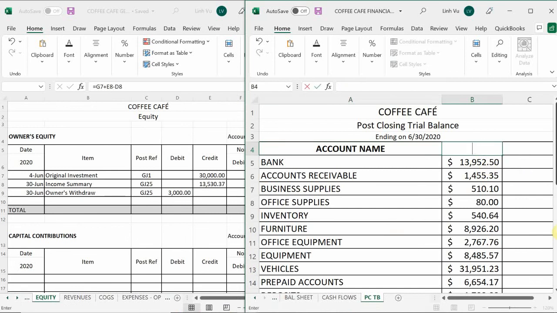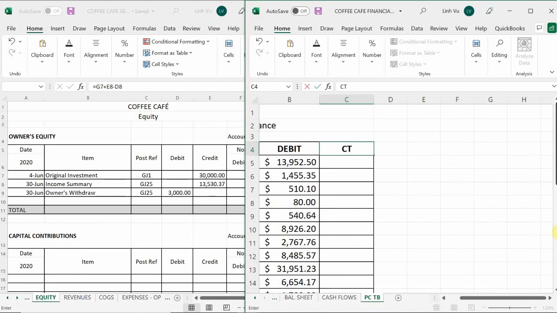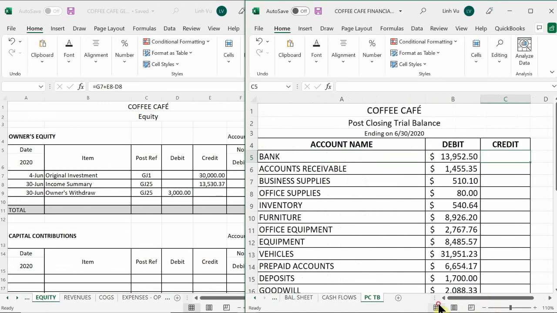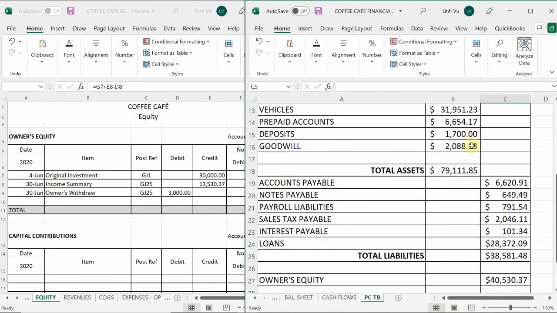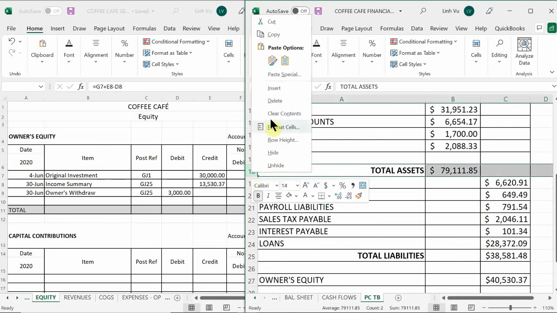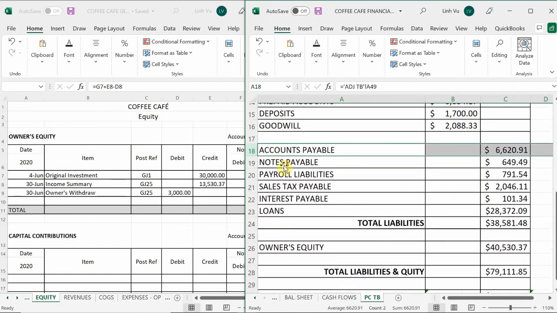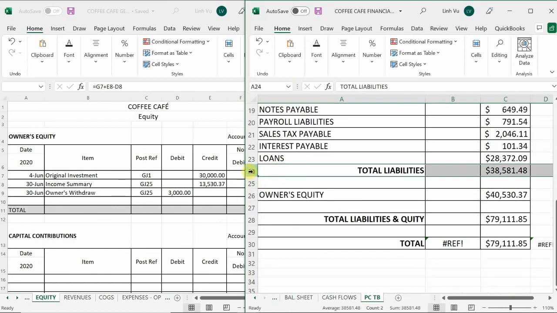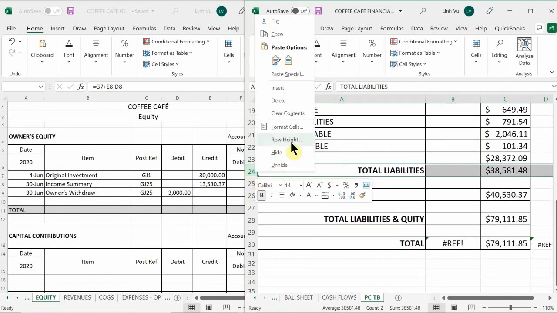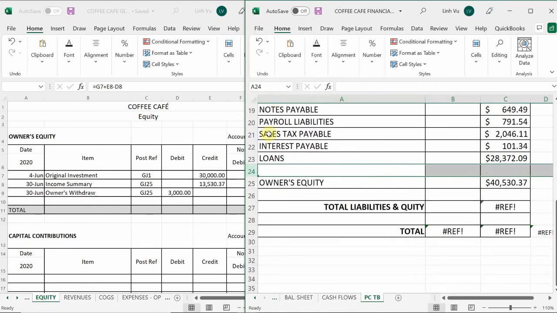This is supposed to be debit, and this is supposed to be credit, okay? And then, of course, instead of having total assets, I'm going to get rid of this right here, okay? I'm going to get rid of total liabilities, okay?